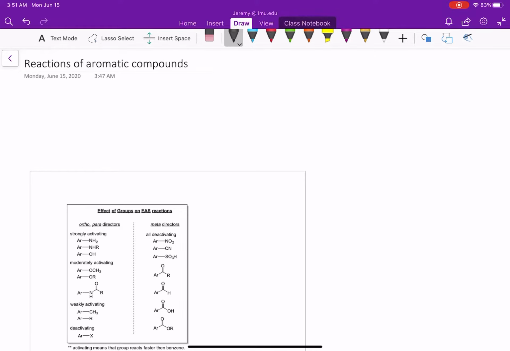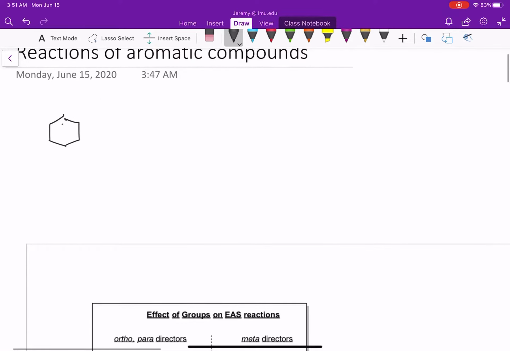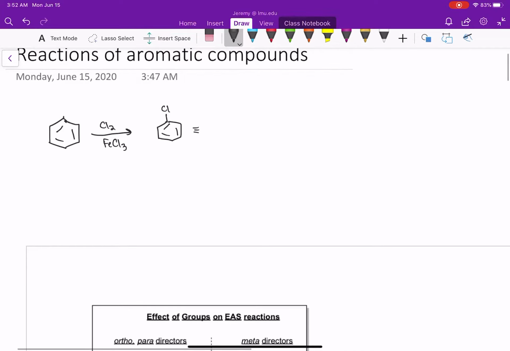Okay, so we've talked about some reactions of aromatic compounds, right? If we take benzene and treat it with Cl2 and FeCl3, we know that we can substitute one of the hydrogens with a chlorine. And because we started with a symmetric compound, benzene, it doesn't matter where you put the chlorine.